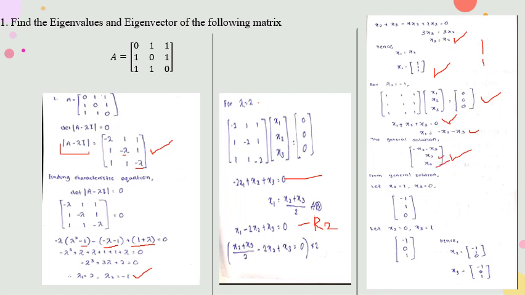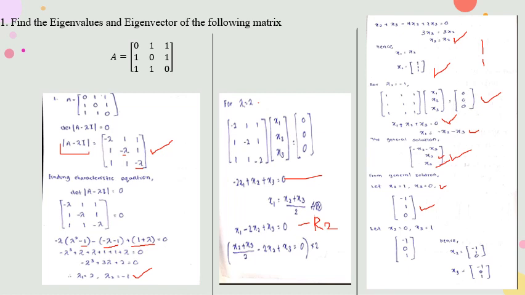From the general solution, we can assume that x2 equals 1 and x3 equals 0. So we find the second eigenvector: -1, 1, 0.